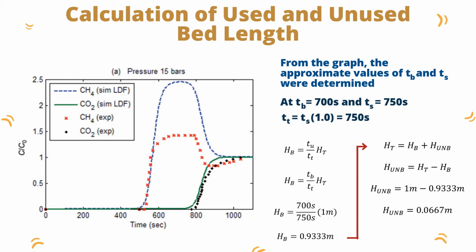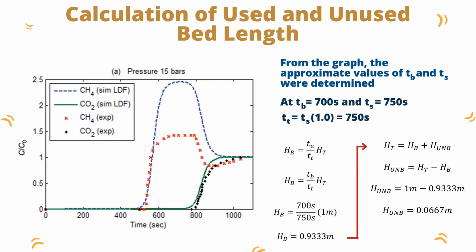For the second equation, we use the total bed length, which is equal to the summation of used bed length and unused bed length. To find the unused bed length, we subtract the used bed length, which we obtained earlier as 0.93 meter, from the total bed length of 1 meter. So the unused bed length is 0.06 meter.